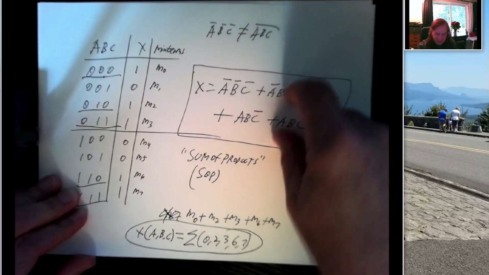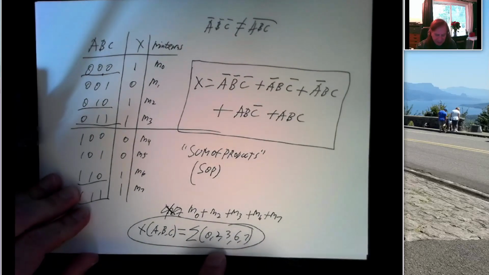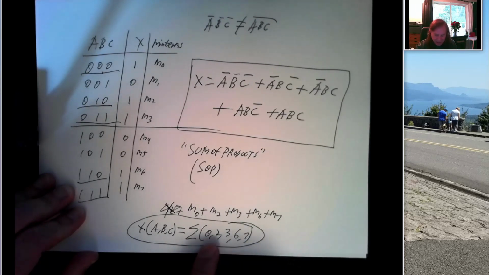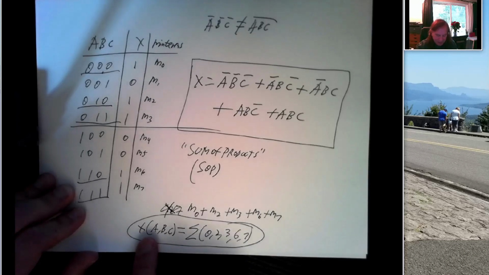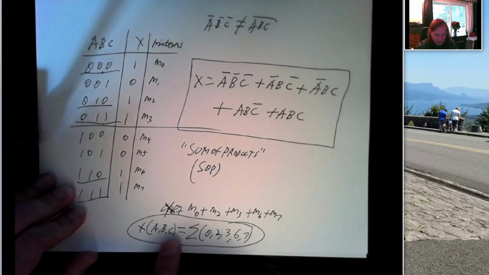Because when I see something like this, I know it's a sum of products, right? The sigma tells me it's a sum, and I'm just going to write the minterm corresponding to each of these subscripts. Minterm 0, it's going to be A bar, B bar, C bar. Minterm 2 is going to be A bar, B, C bar. Minterm 3 is going to be A bar, B, C, and so on and so forth.